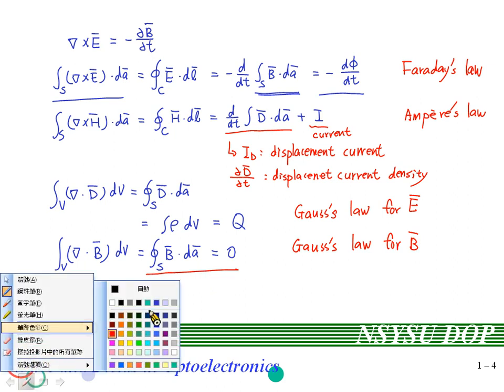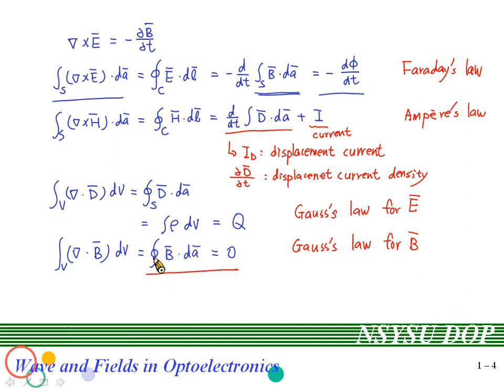And we all know that this tells us a very interesting physical meaning. This means that the total outward flux of B will be 0, which I can plot here. Consider a volume here. If you want to know the total outward flux, we have B inside, we have B outside, and we know that the total outward flux equals 0, meaning that the total inside will be the same amount as the total B outside the volume.